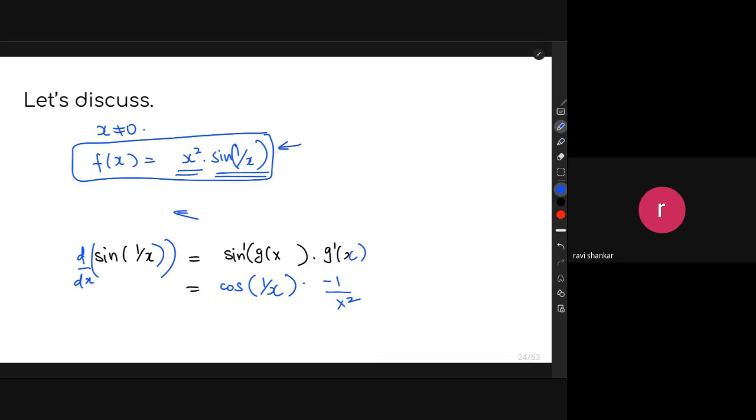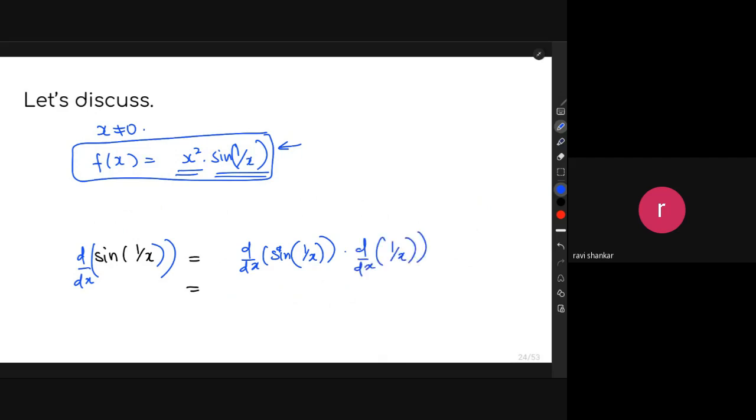What I'm doing is first differentiation of sine with respect to x at some point x naught, and then differentiation of 1 over x.